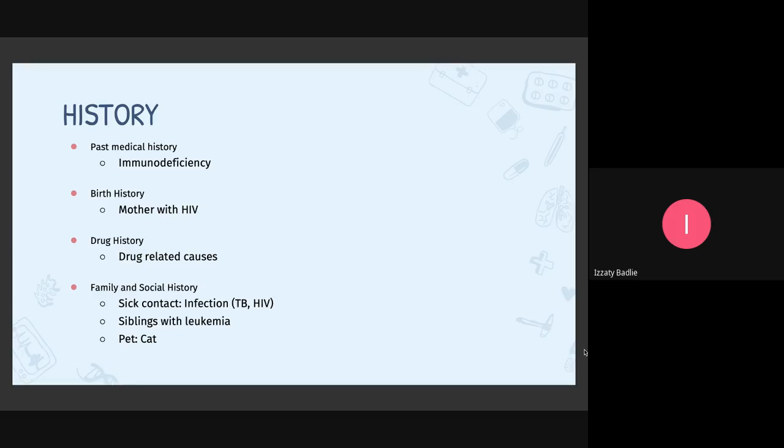Also the drug history, as maybe the lymphadenopathy is induced by a drug, and the family and social context such as TB infection, HIV infection, and any siblings with leukemia, which increases the risk of the patient having leukemia, and any pet at the house, such as a cat.